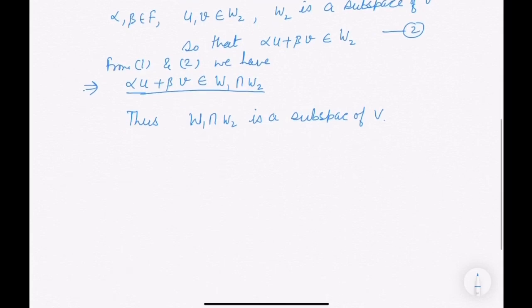So W1 intersection W2 is a subspace of V.